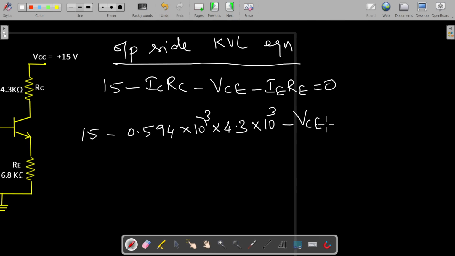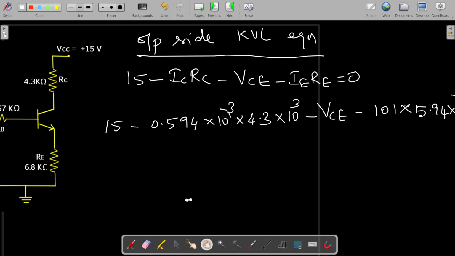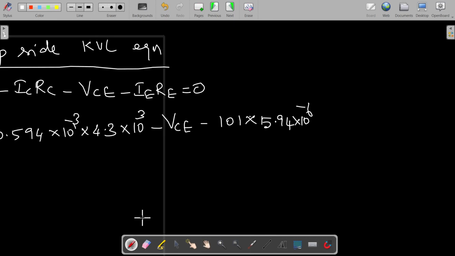And IE value is nothing but 101 times IB value, isn't it? So 101 into that IB value, 5.94 into 10 power minus 6, multiplied by this RE. RE is 6.8 kilo ohms, 10 power 3. That is equal to 0.